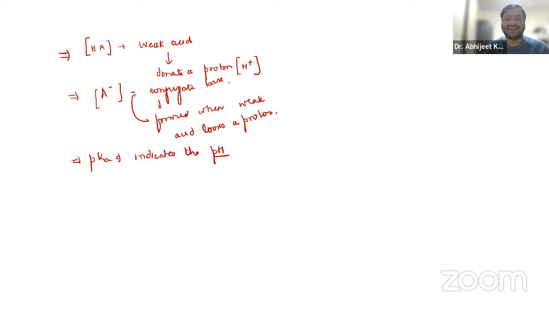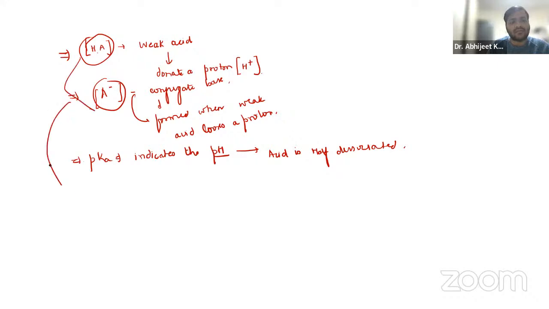So pKa indicates the pH at which the acid is half dissociated, meaning the concentrations of HA and A minus are equal.